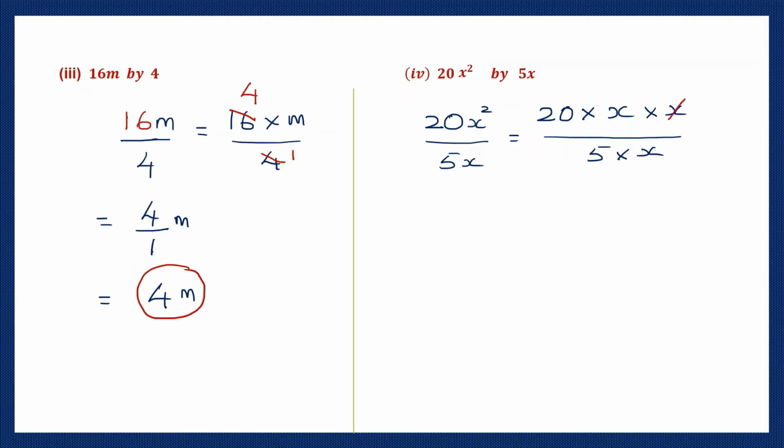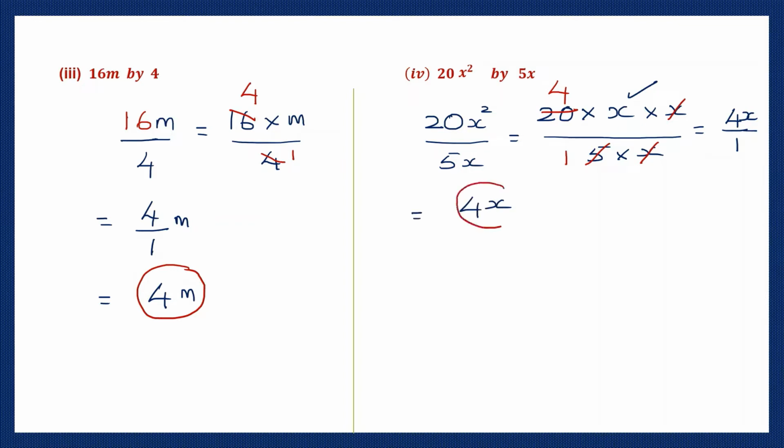I can cancel this x and this x. I can cancel 5 and 20 both by 5. 5 ones are 5, 5 fours are 20. Now I get 4 by 1. So my final answer here, now don't forget to add the x. This x is still left. So 4x by 1, and my final answer will be 4x.